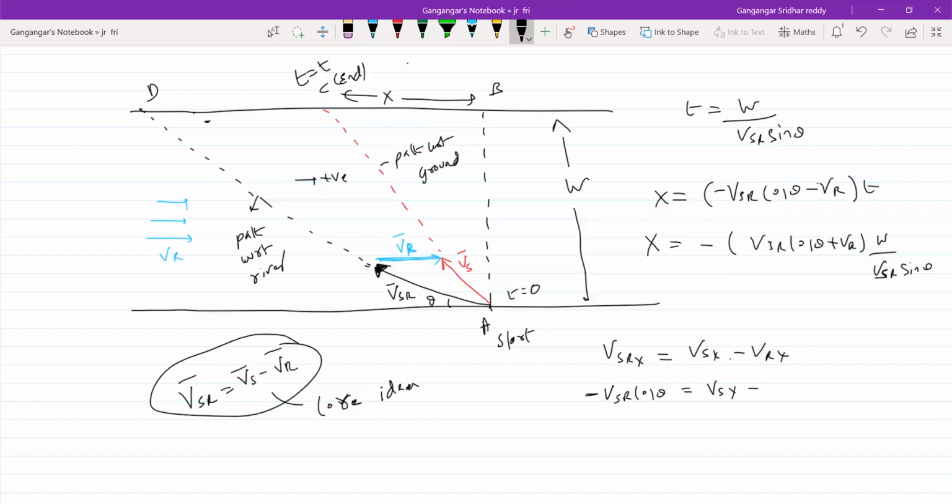And this is VR. Okay, I'll put it VR minus VSR cos theta. I think I should change the sign. Plus it will be, this will be minus. So this will be negative. I'll write it here.